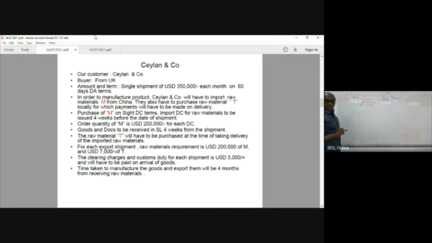Then it will take another 1 month to receive the goods.